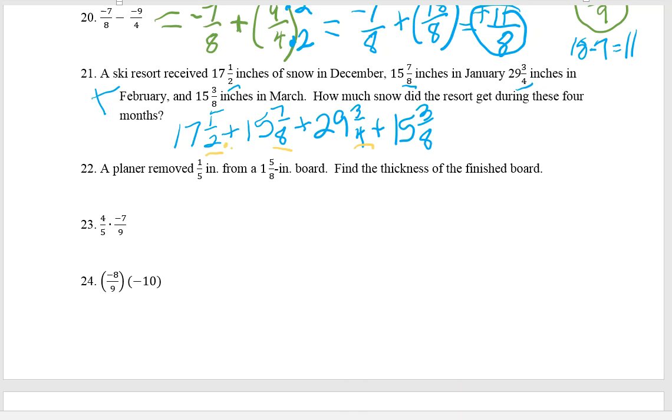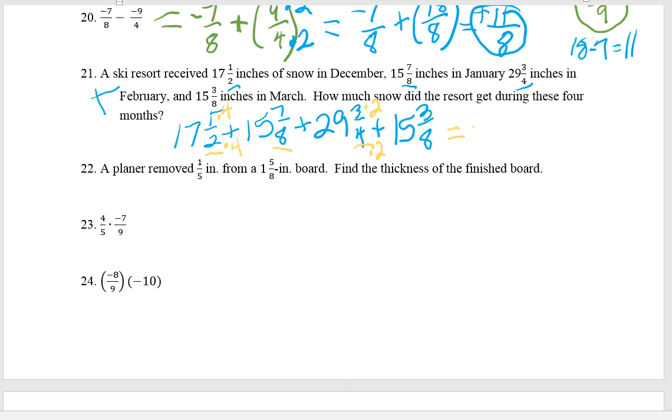So we're going to multiply the 2 by 4, because 2 times 4 is 8. If I do it to the bottom, I have to do it to the top, so 1 times 4 is what I'll do. I'm leaving the 7/8. The 3/4 I'm going to multiply by 2, because 4 times 2 is 8, which means I'm going to multiply the 3 by 2, and I'm leaving the last one alone.